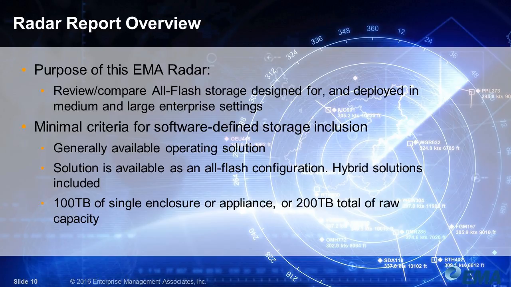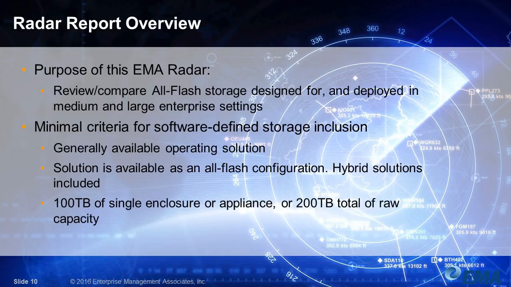So just a few things to qualify. Number one, the products and their features have to be generally available at the time of the research. Systems have to be available as all-flash configurations. A hybrid system, in our case, does qualify as long as it has an all-flash configuration option.